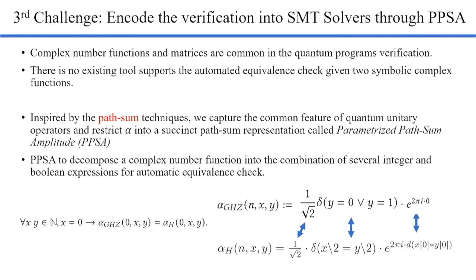Since complex number functions and matrices are very common in quantum program verification, however, there are no existing tools that can support automatic equivalence checks between 2 symbolic complex number functions.